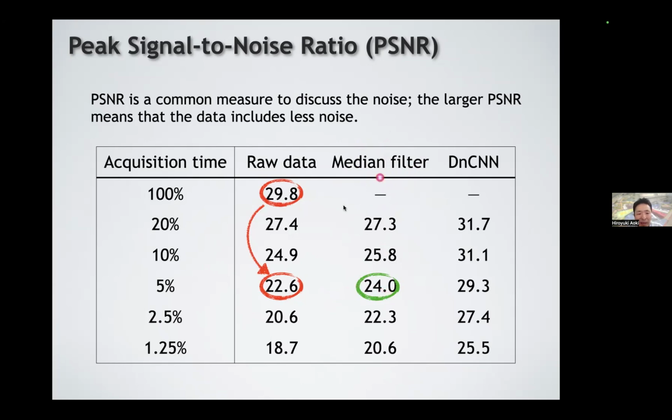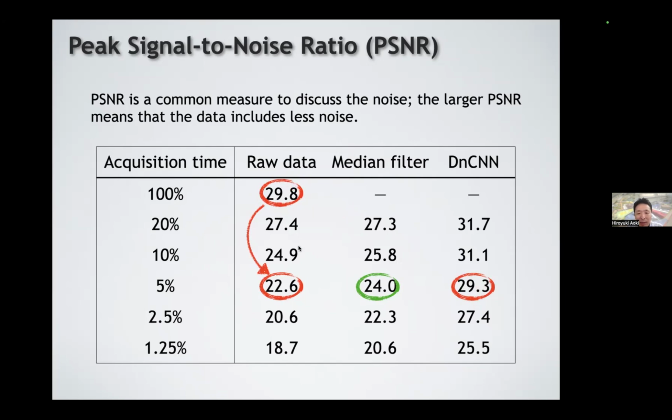By applying the median filter to this data, the PSNR is enhanced to 24, but the effect is limited. In the case of our DnCNN data, the PSNR improved to 29, which is almost the same as the raw data acquired in a conventional acquisition time.